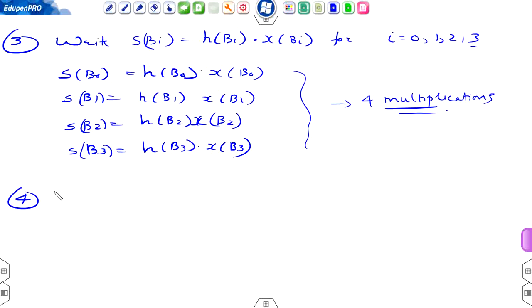The next step is to compute S(p) using Lagrange's interpolation formula.